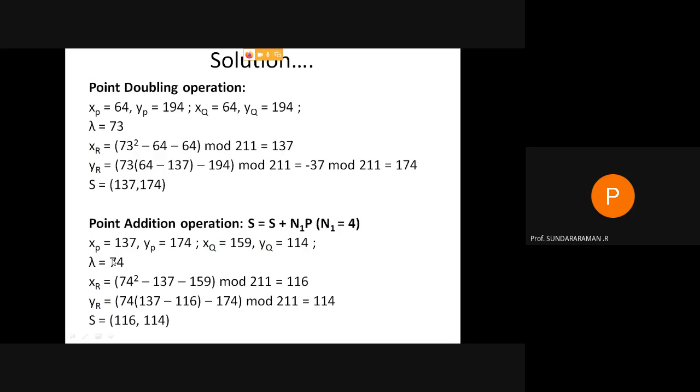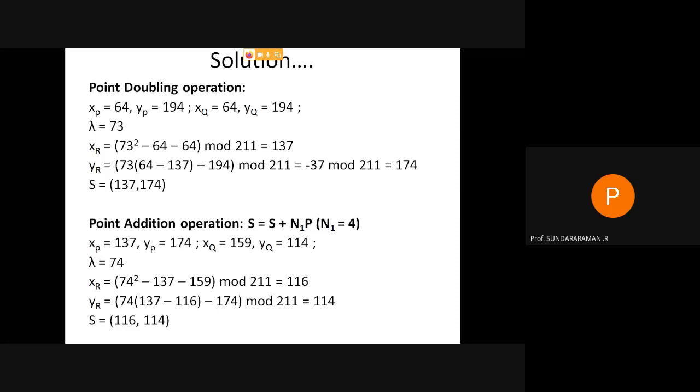Accordingly, you apply the lambda value. Because as I already told you, for point doubling and point addition operation, the computation of XR and YR remain the same. Only the formulae for lambda are different. Now this completes the second window operation.